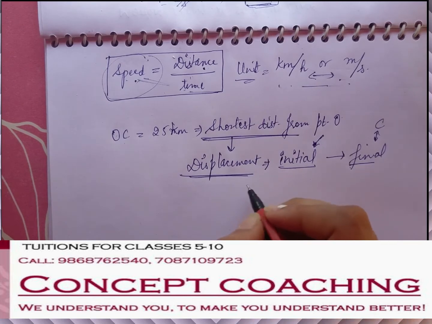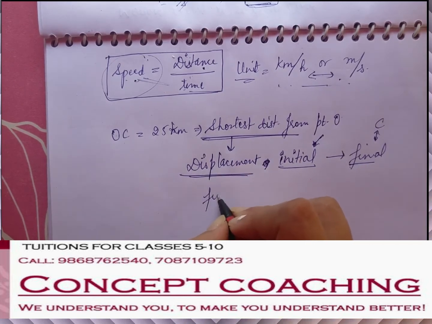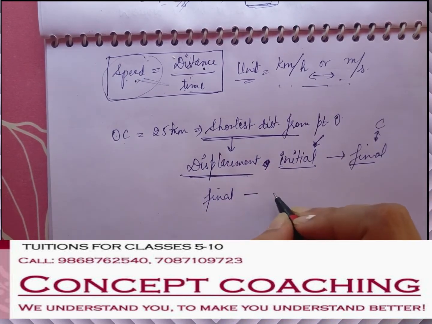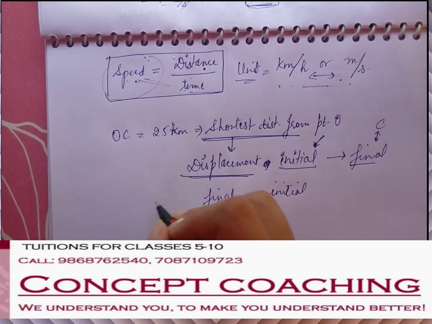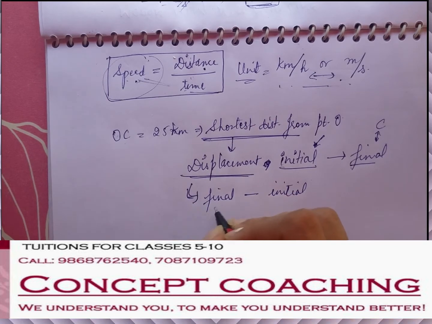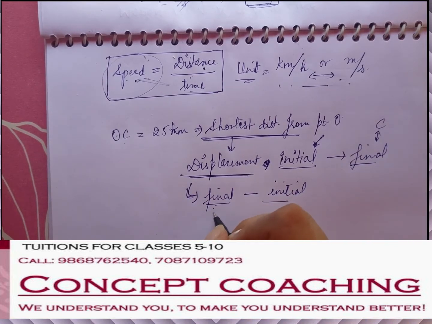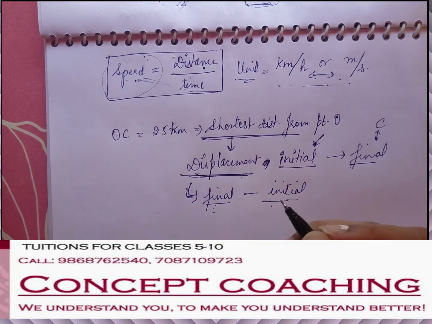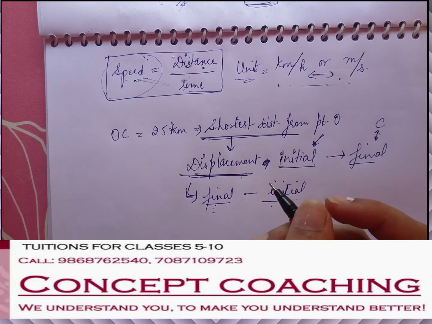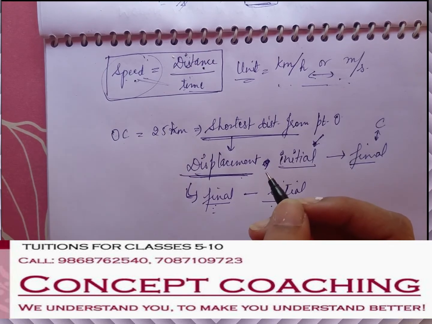So displacement is basically the final point minus the initial value. That is the formula of displacement. Final distance minus the initial distance gives us the displacement, which is the shortest distance traveled by that particular object.